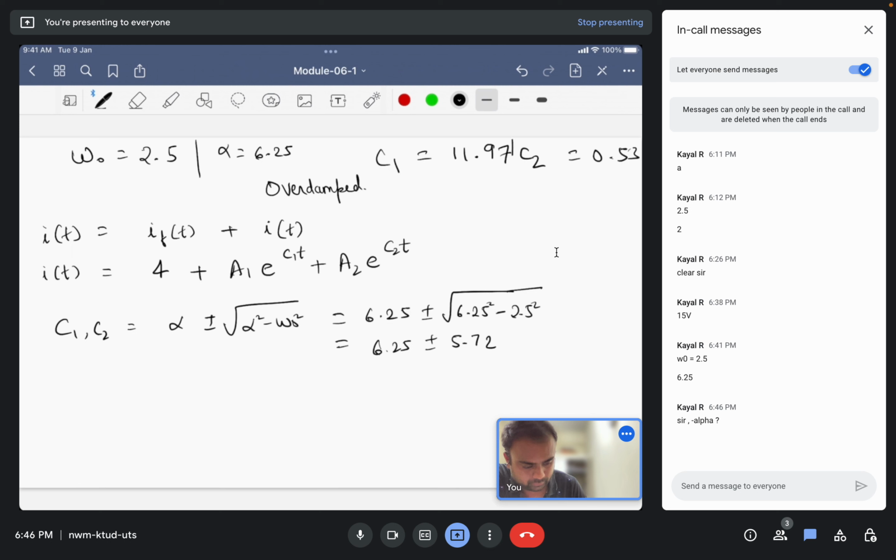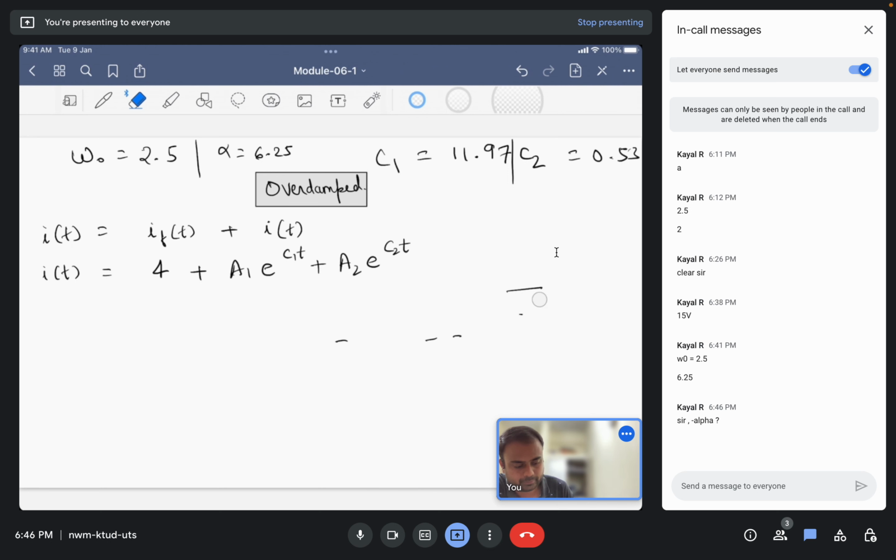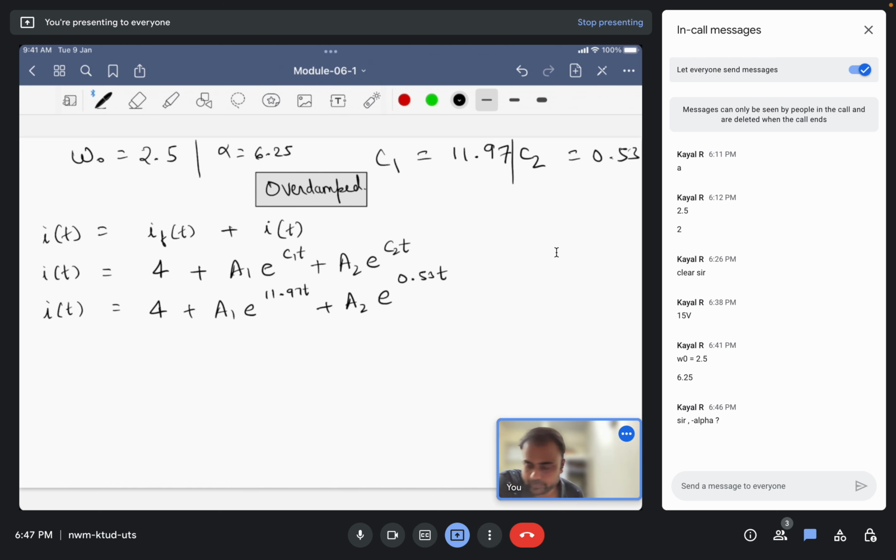And the case is overdamped. Okay, and we already have some form of the equation. So substituting C1 and C2 here, I of t is equal to 4 plus A1 e to the power 11.97 t plus A2 e to the power 0.53 t. So we have these values.